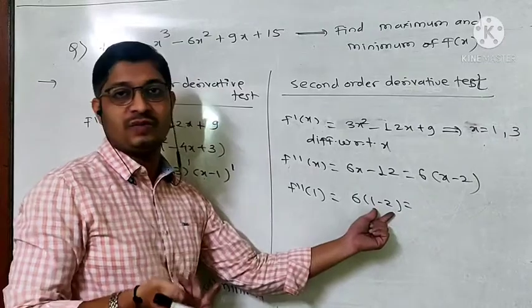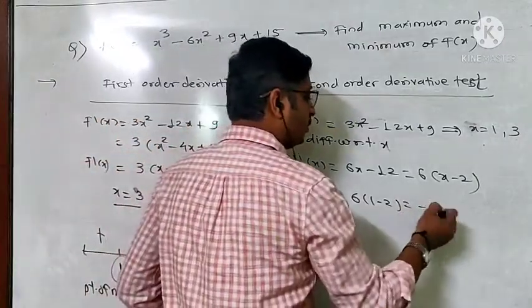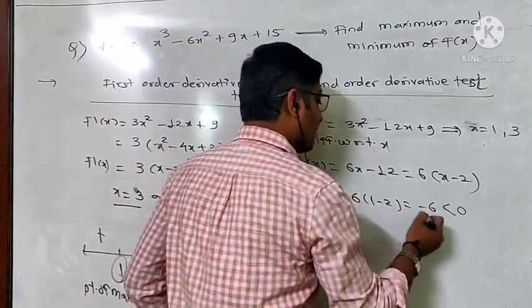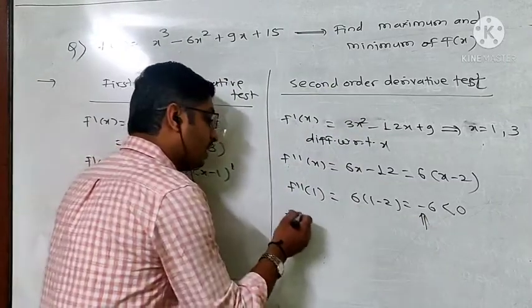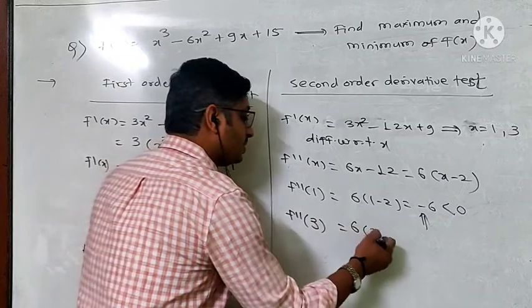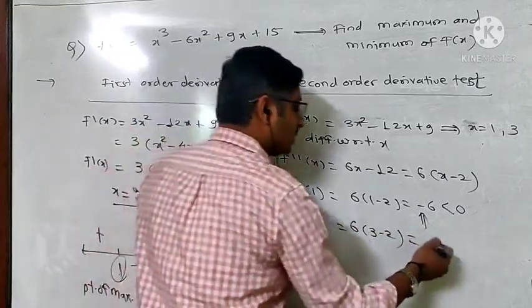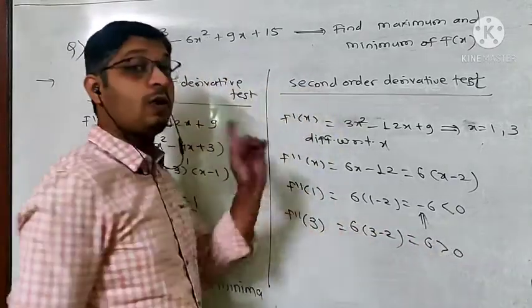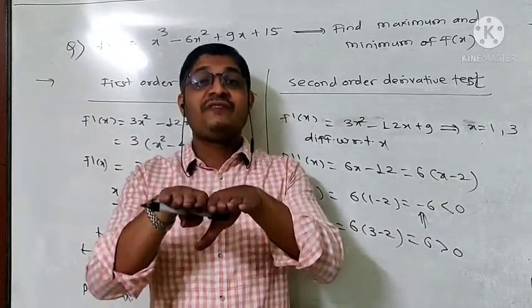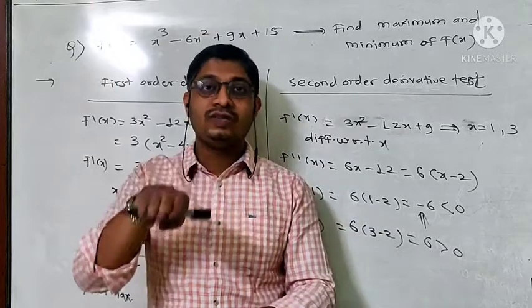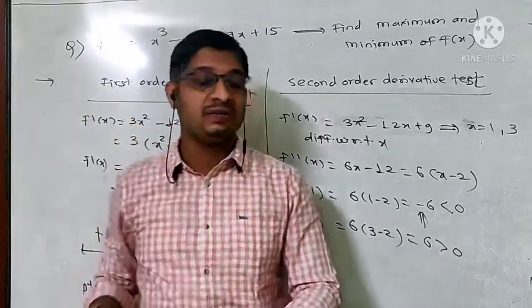So 1 minus 2 is minus, so this will be negative. My major concern is whether this gives me a positive or negative value. f double dash of 3: 3 minus 2 is 1, 1 into 6 is 6, which is positive. What I told you: take f double dash of x and f of x in correspondence. If f double dash of x is negative, that means f of x is maximum.